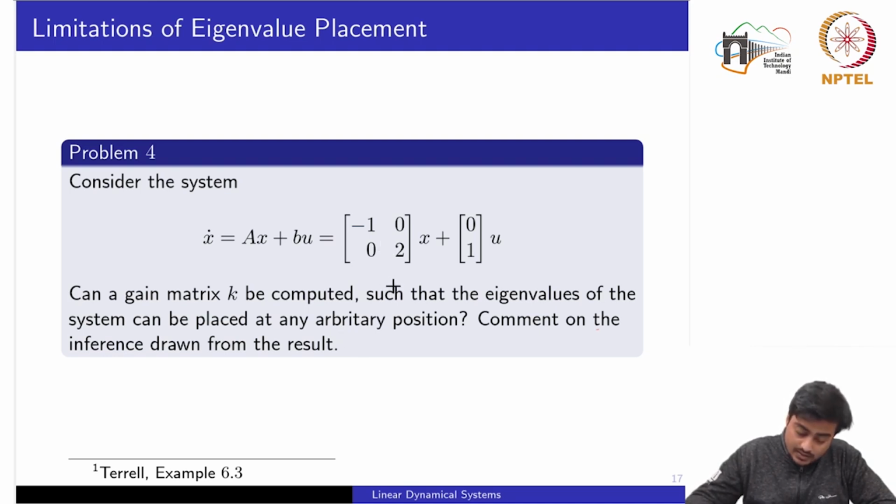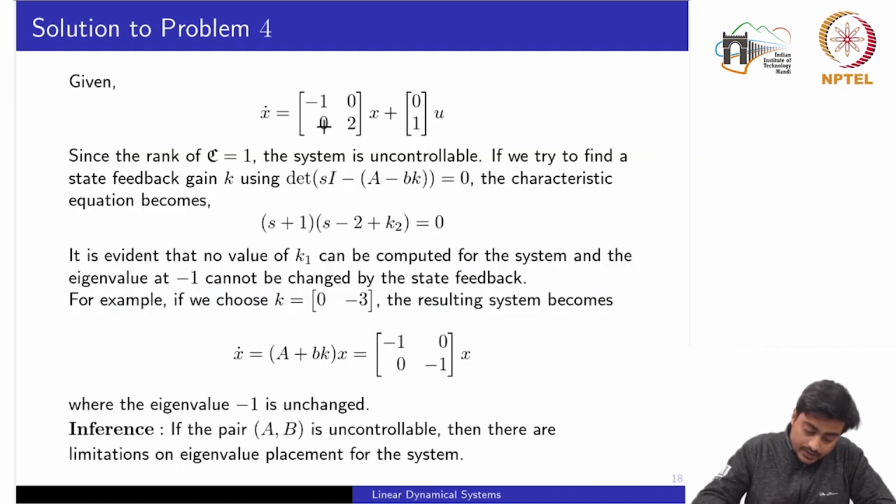Here we are showing numerically which eigenvalues could be shifted or placed arbitrarily. Let's see this system. The rank of the controllability matrix is 1 and not equal to 2. So we know that the system is uncontrollable, and we cannot place the eigenvalues at any arbitrary location.